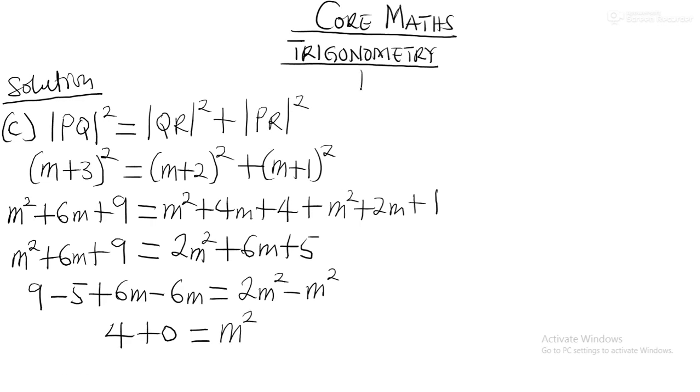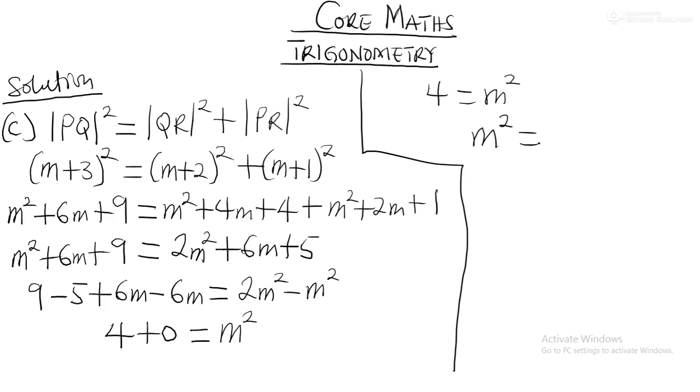So it means that we are going to have 4 equals m squared. Okay, but it's better to write the variable first. So m squared equals what? 4. So now we have to find the square root of both sides. So our m will be equal to plus or minus the square root of what? 4.